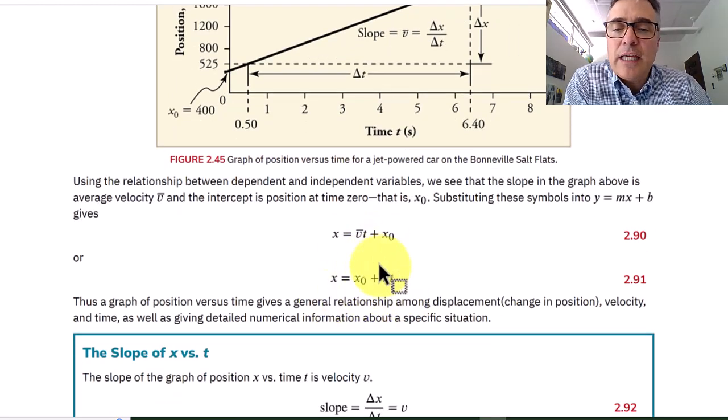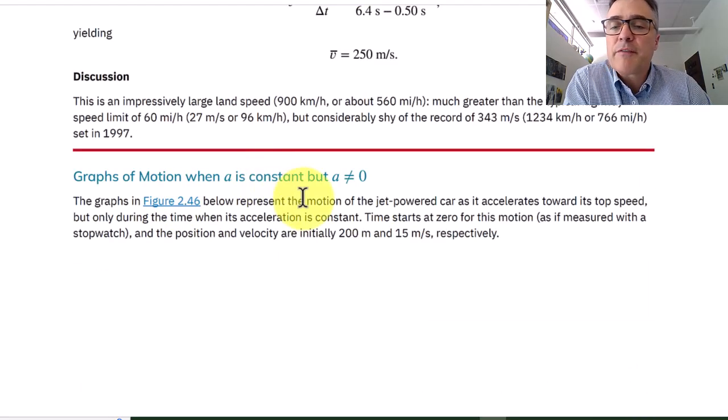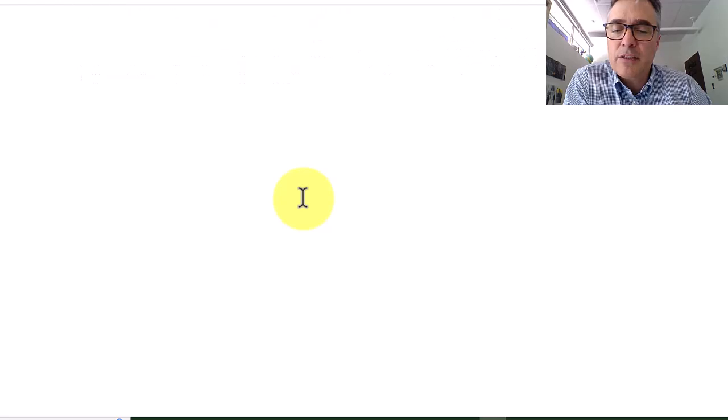So that actually is that equation. It's just that instead of y, now we have x, and instead of x, we have t. Instead of slope, we have the average velocity, and instead of the y-intercept, you have the initial position. And then there are graphs of motion when a is constant, but a does not equal 0.